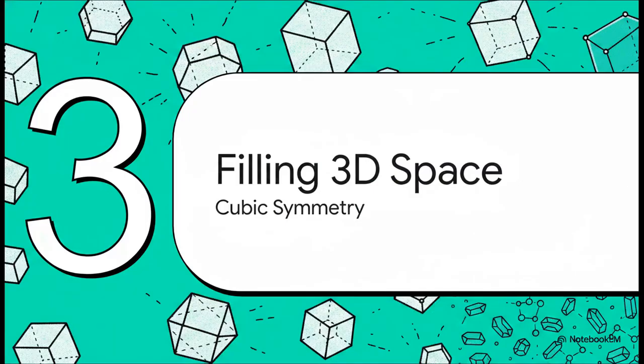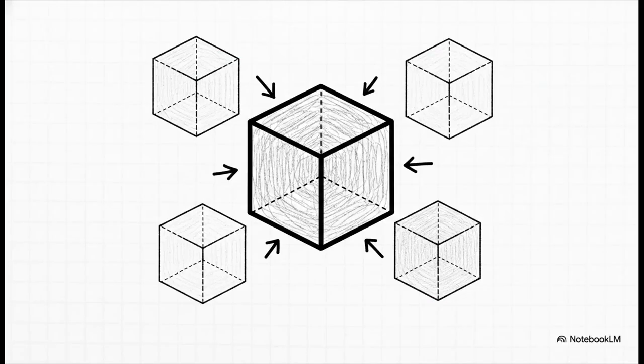Section 3. Filling three-dimensional space. Cubic symmetry. So now that we've solved the 2D puzzle on our flat wall, let's step out into the three-dimensional world where physical materials actually exist. The most natural 3D extension of our flat, space-filling square is, of course, the cube. A cube can be perfectly translated up, down, left, right, front, and back to completely fill a solid volume without leaving a single microscopic gap.